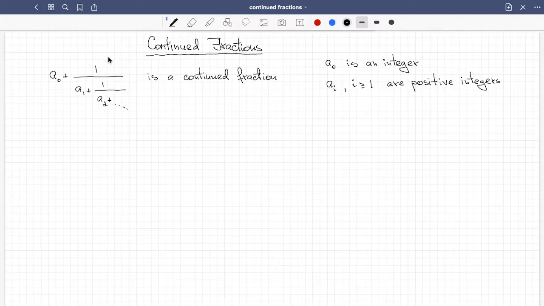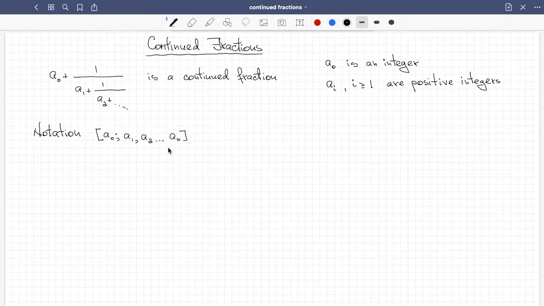So we will start with a more convenient notation, writing our expressions not as a ladder but in a row. Instead of writing this, we write it this way: a0 semicolon a1, a2, ..., an.